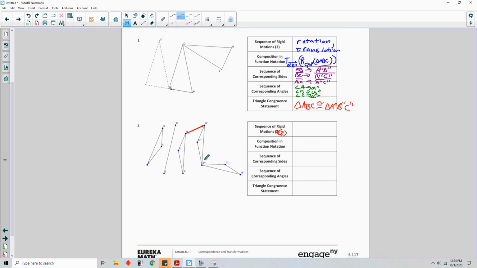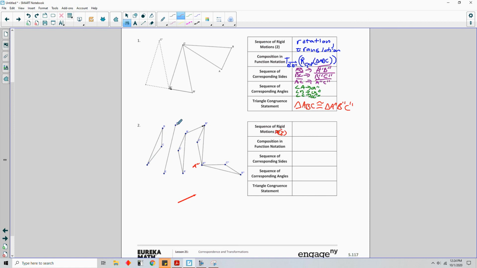So notice this is triple prime, but it's shared. That is also a double prime from the translation of A prime over by this vector distance and direction. See? Okay.